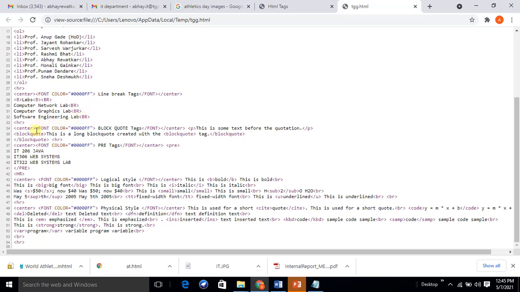HR tag. Center tag, and the block code tag. These are the pre tags we use. So these are the different types of tags we have used.